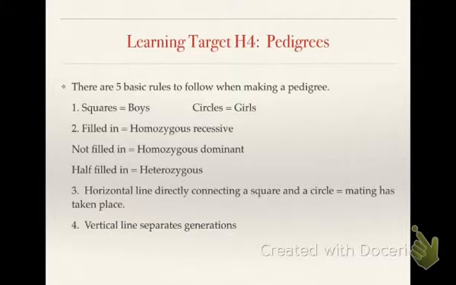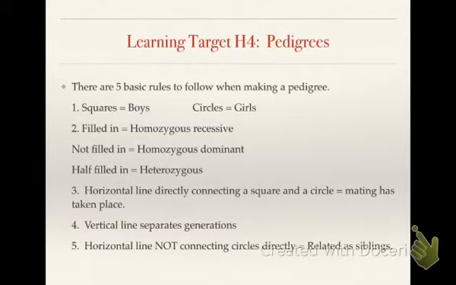A vertical line separates generations. I just showed you in that last example that the line that dropped down from the mating meant that a new generation had been created. And finally, horizontal lines not connecting circles directly means you're related as siblings. Let me show you the difference between mating and related as siblings.